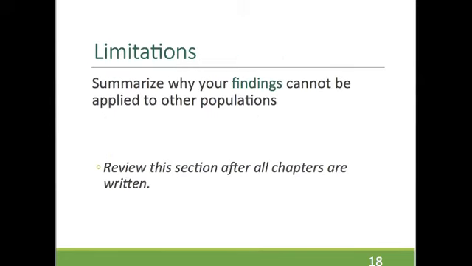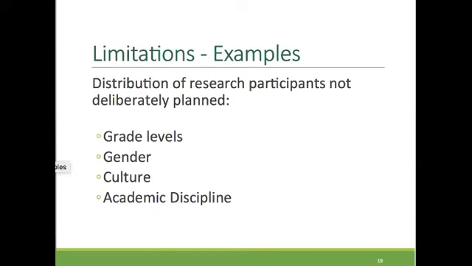Now let's talk about limitations. This is where you're going to summarize why your findings cannot be applied to other populations. And you're going to go back and review your limitations after your entire dissertation is finished, because all of a sudden, another limitation may have popped up as a result of you doing your research. So you'll need to revisit that. Examples of limitations include distribution of research participants not deliberately planned.